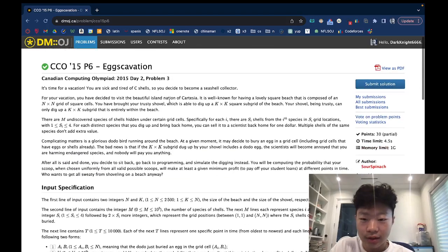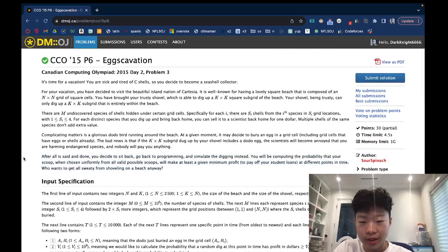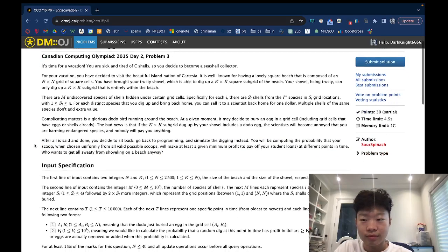Okay, let's not consider the queries yet. So first, 4 shells. So for each species of shells, right, you can consider how many k times k squares you can shovel, how many of these squares it impacts, right? You can think for every species how many squares it impacts.